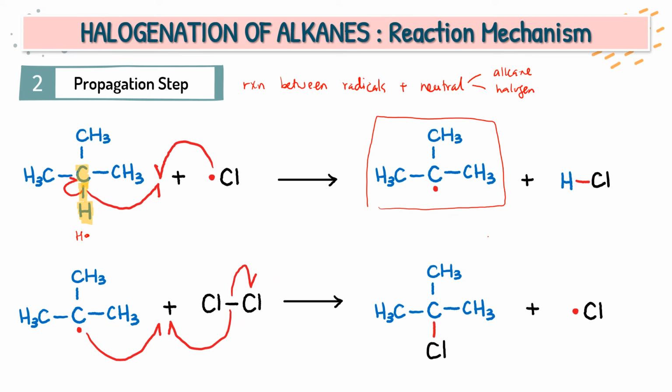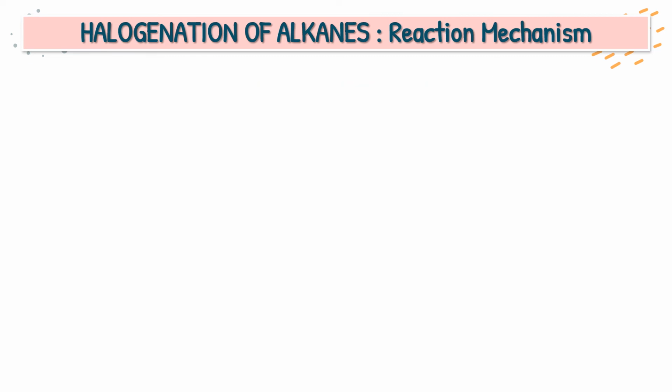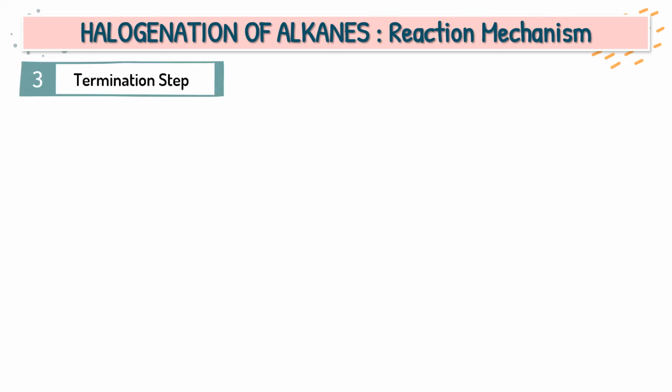Okey, kita pergi kepada step yang seterusnya, our termination step. Step yang ketiga. The third and final step untuk mechanism of free radical substitution is termination step. So, termination step akan ada 3 equation, 3 reaction. Okay.